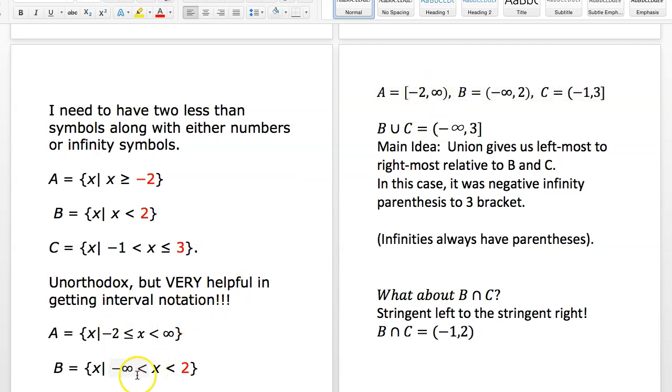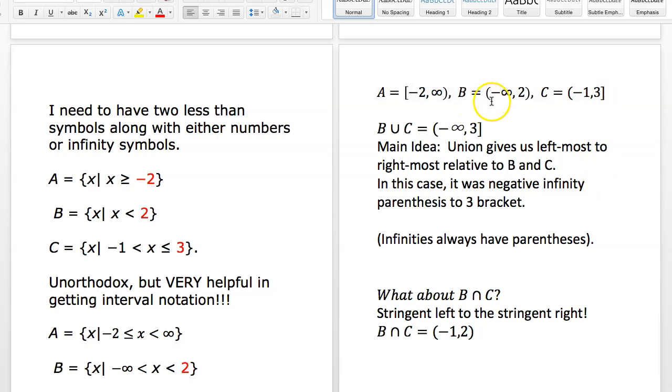X is between neg infinity and 2, so you write neg infinity and 2 for B. And for part C, x is between neg 1 and 3, with the neg 1 not included, but with the 3 included, so you write neg 1 parenthesis, comma 3 bracket. We're doing everybody in between neg 1 and 3, including the 3, but not including the neg 1.